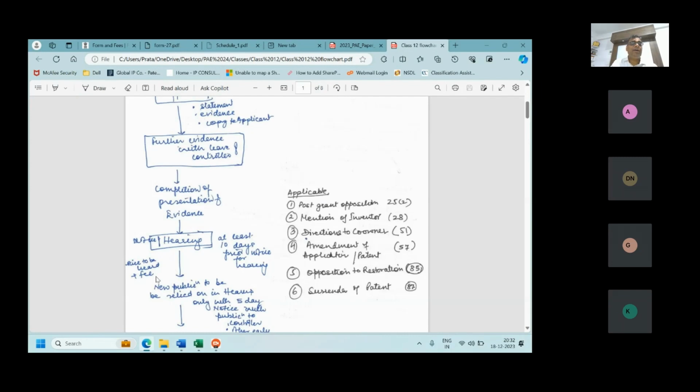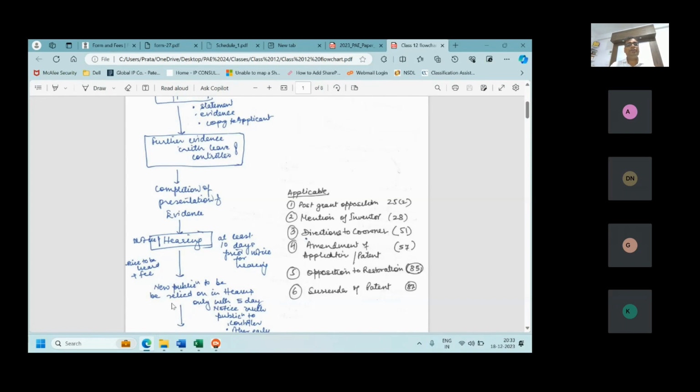Notice to be heard, plus fee. There are certain places where hearing is only on request. If you request, then only. So you have to tell in writing every time that I should be given an opportunity of hearing before the issue is decided.